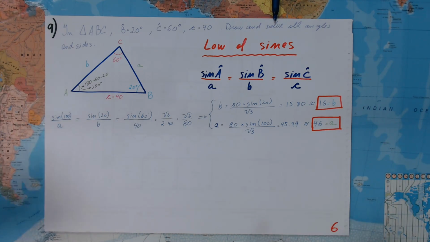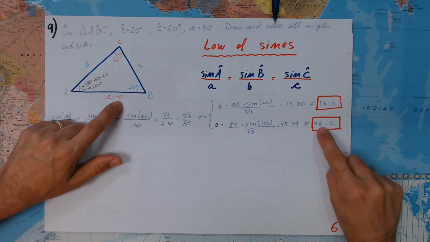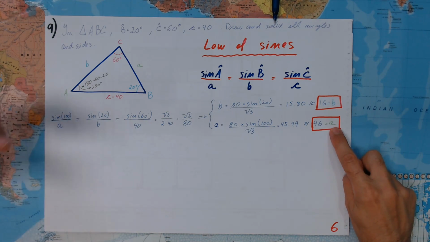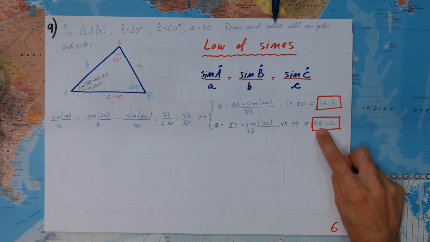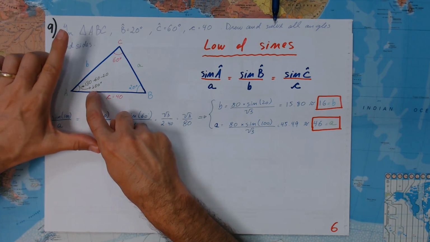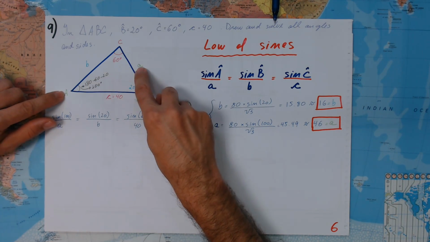What are the measures in here? We have 40, we have 16, and we have 46. A had to be the biggest length. Why? Because A has the biggest angle. The side opposite the biggest angle is going to have the biggest length.